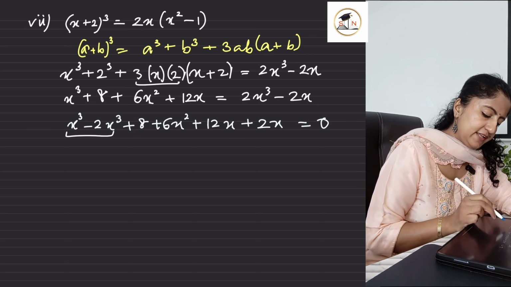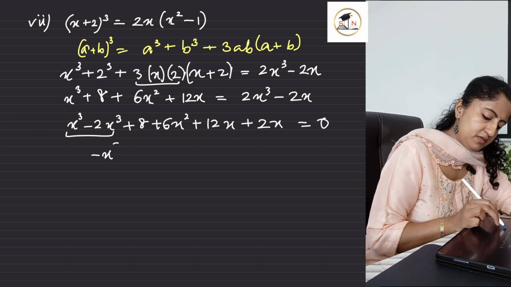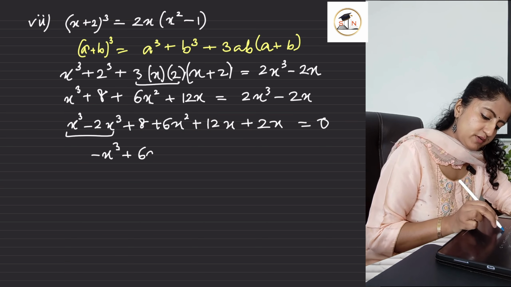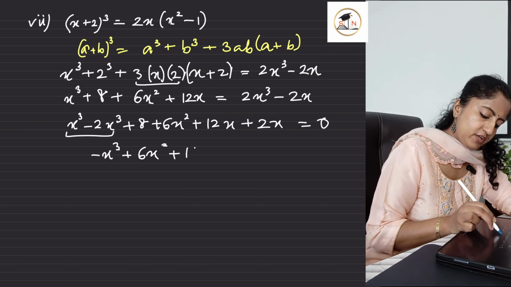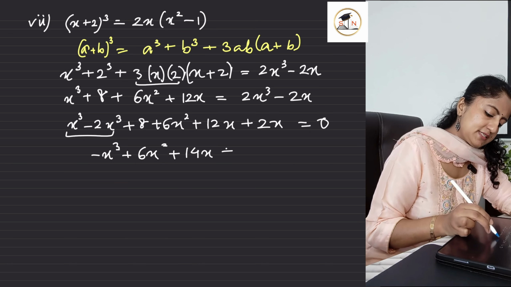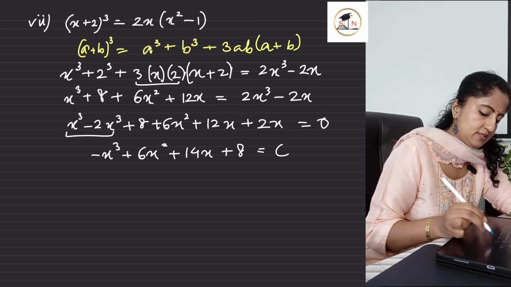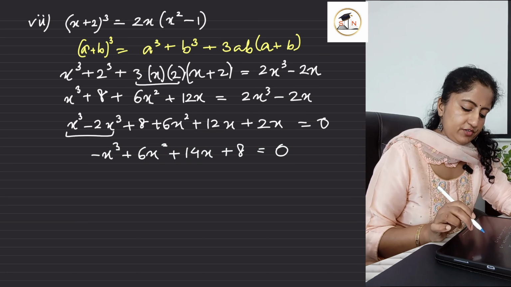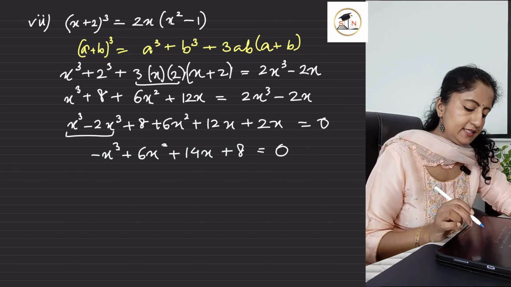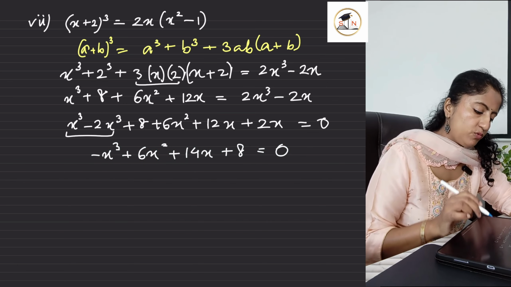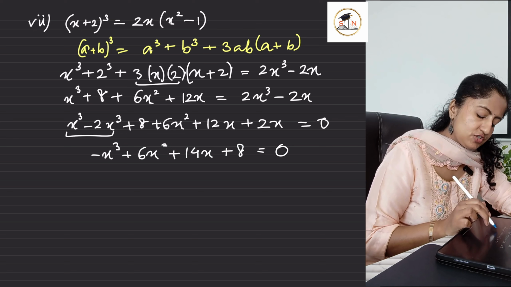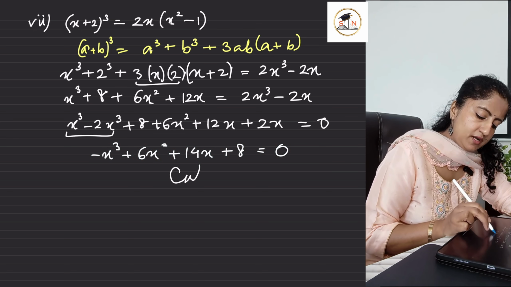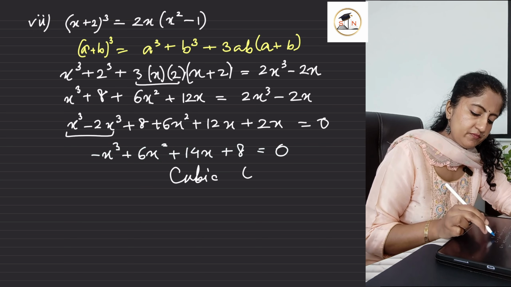Now, this leaves me with minus x cube plus 6x square plus 14x plus 8 equals 0. We have simplified everything. We are not left with anything to be done over here. And what can we see? That it is actually a cubic equation.